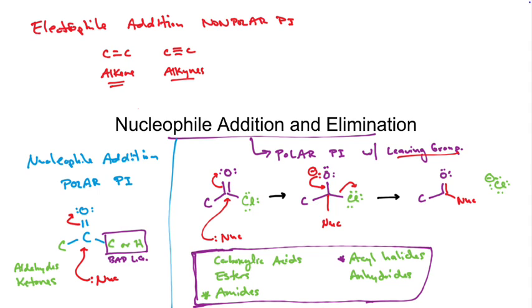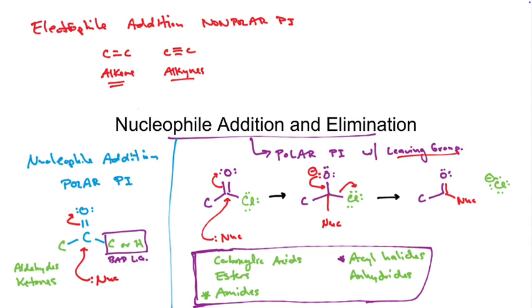Okay? And depending on the identity of what that nucleophile was, we could run more reactions. So if that nucleophile was a carbon nucleophile, what we're ending with is a ketone. Well, ketones, according to the nucleophile addition reaction, can react. So you could get a second reaction happening.